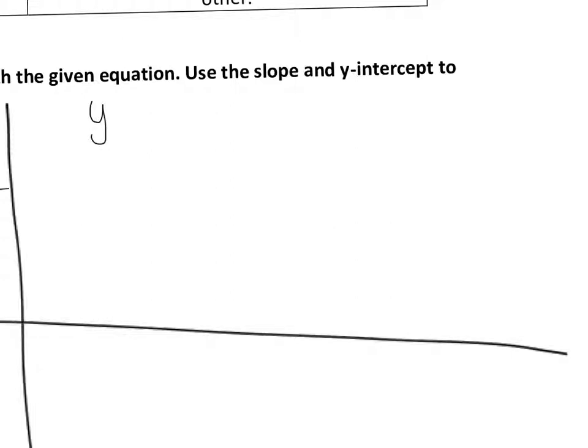Okay, let's try y equals negative 2/3 x plus 4. First thing we always need to check for, is it in y equals? Okay, yes it is. Once we verify that it's in y equals, I can identify my slope and my y-intercept. Starting with my slope, or m, it's my coefficient in front of x.